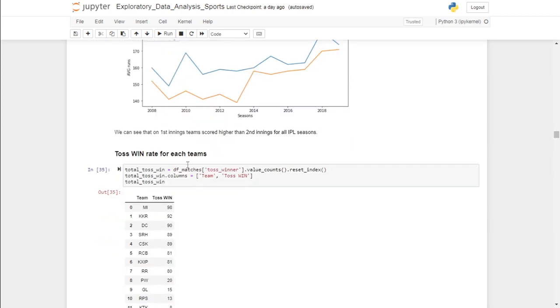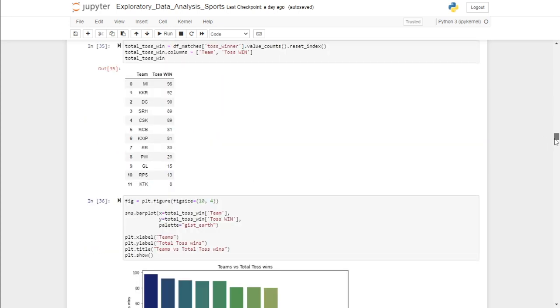Toss win rate for each team. And here also MI has the most toss wins, Kochi is next.